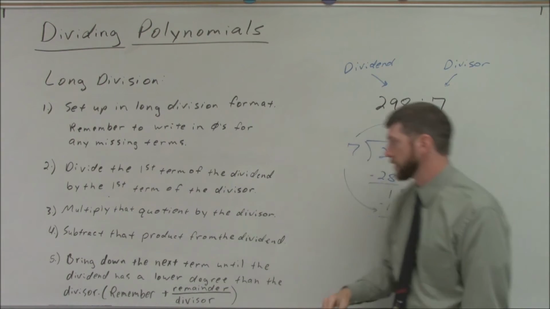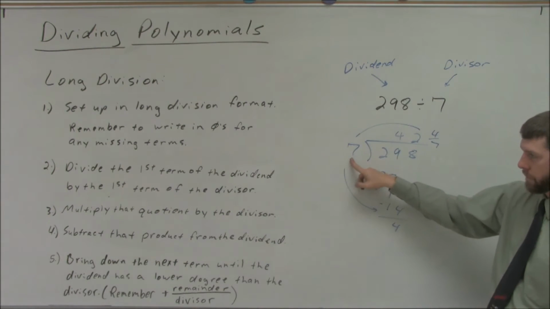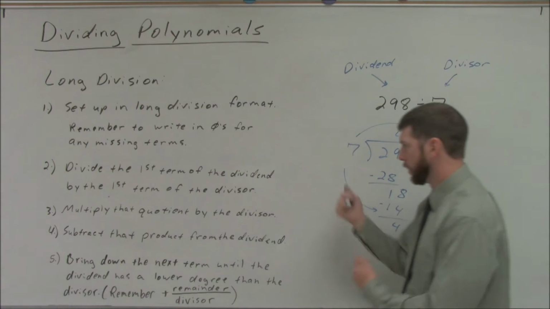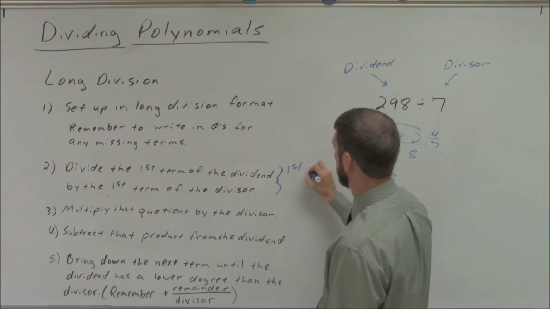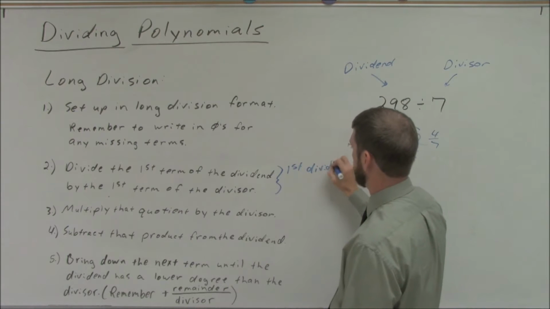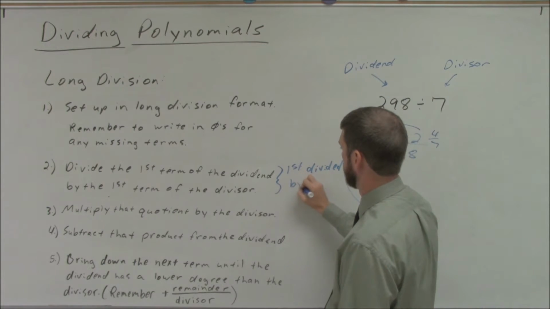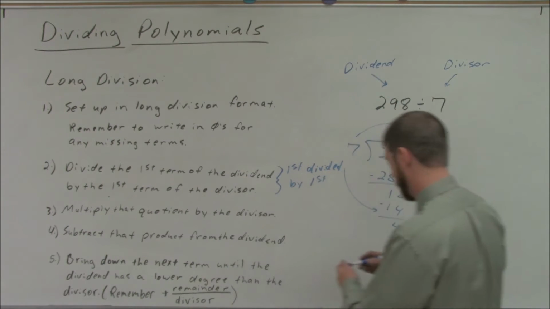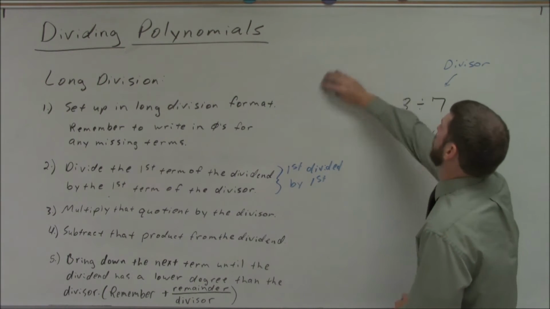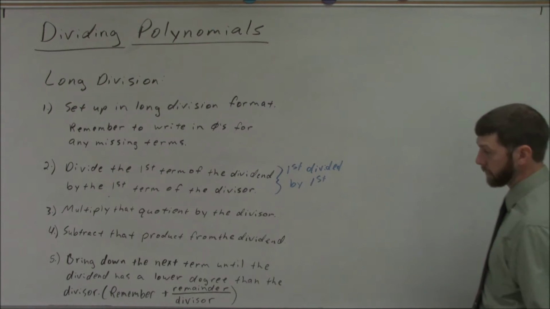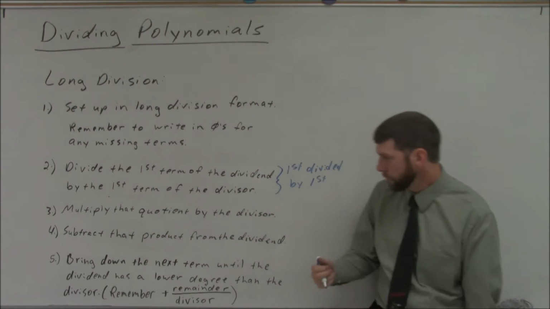Divide the first term of the dividend by the first term of the divisor. I like to call that the first divided by first step. First divided by first. That's your first actual mechanical step right there.